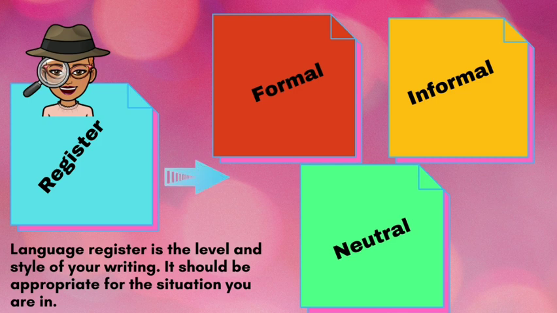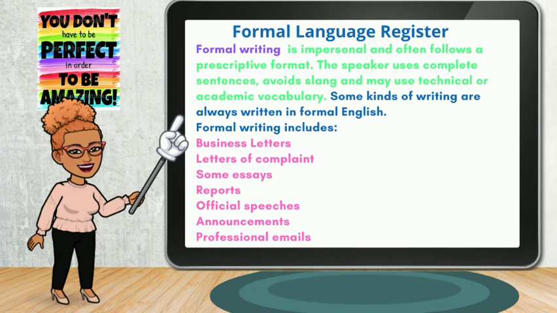Register. Language register is the level and style of your writing. It should be appropriate for the situation you are in. Your register can be formal, informal, or neutral. Formal language register. Formal writing is impersonal and often follows a prescriptive format.